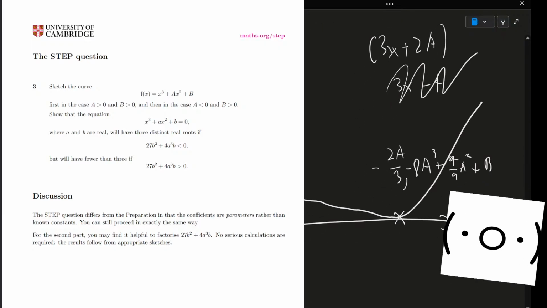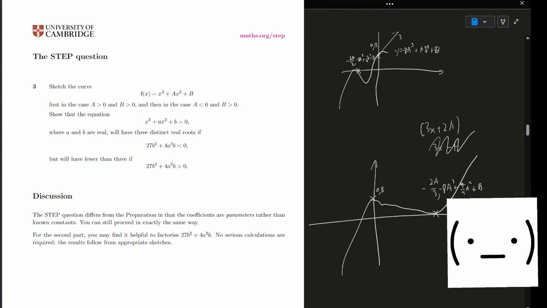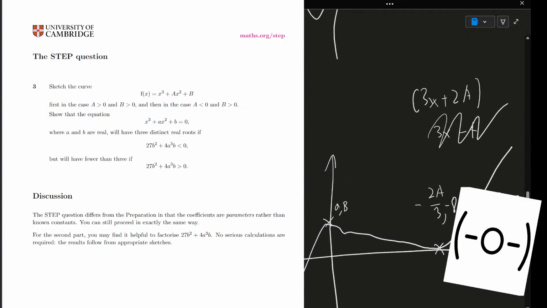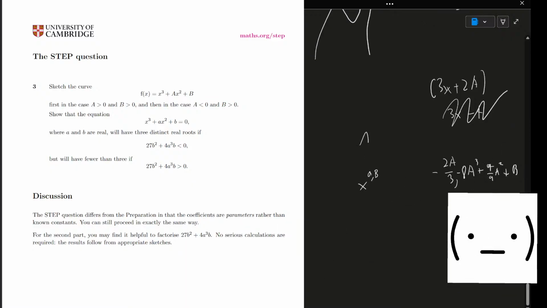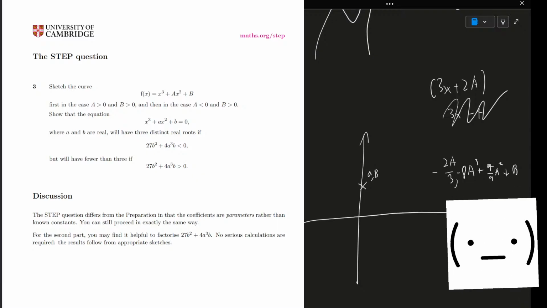I mean, we can be pretty sure that this is negative, right? Wait, what am I doing? This is the wrong graph. God, sleep deprivation is not fun.